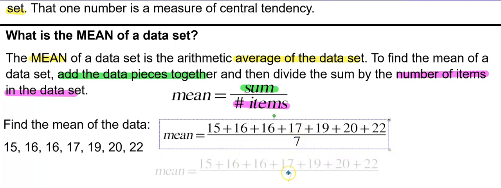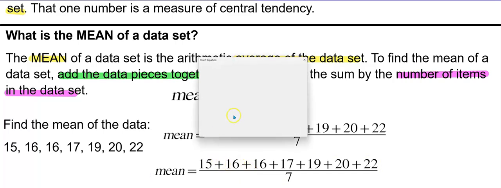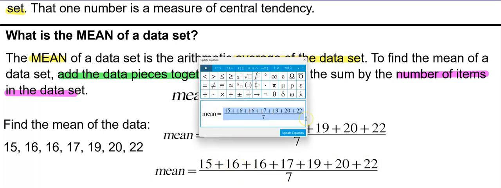All right, so when I do that, let's see what I get. In my calculator, I'm going to put in 15 plus 16 plus 16 plus 17 plus 19 plus 20 plus 22.